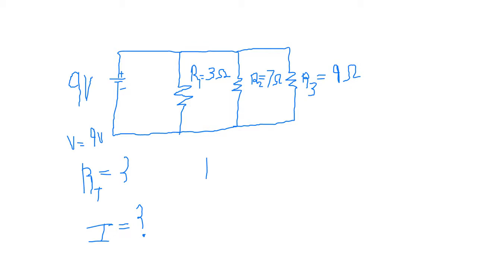So we would start out saying 1 over R total is equal to 1 over 3 plus, there you go, Z, getting ahead of me, 1 over 7 plus 1 over 9.